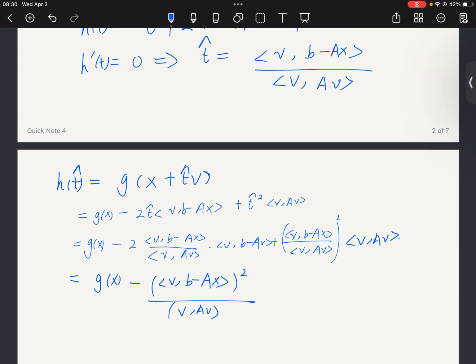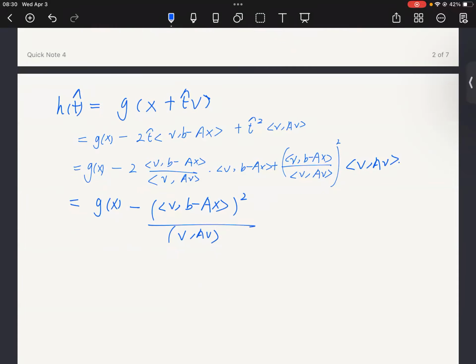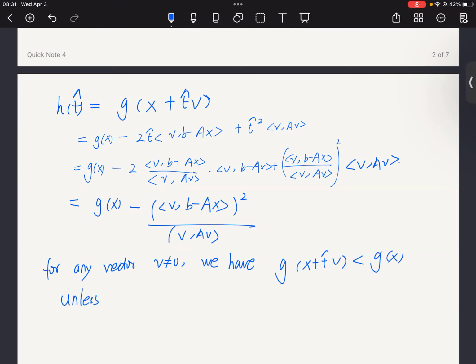So we have a conclusion here. For any vector v that is non-zero, we have g(x plus t hat v) is less than g(x), unless v(b minus Ax) is equal to 0.